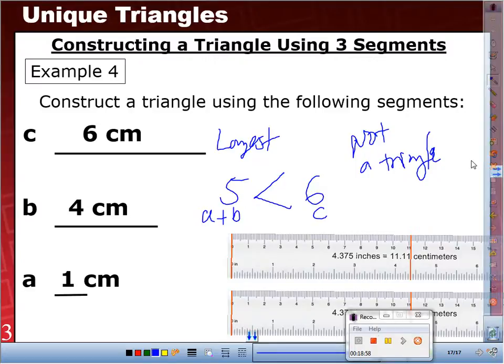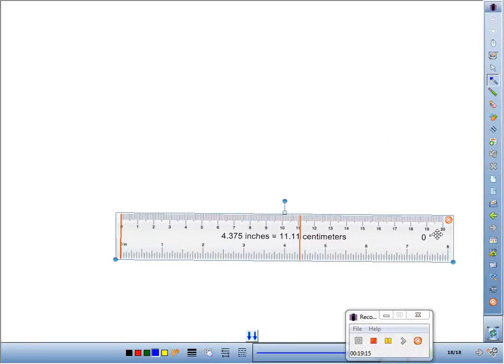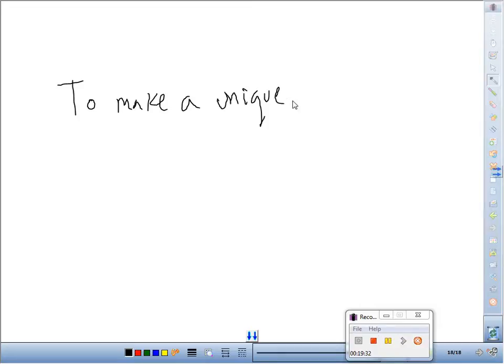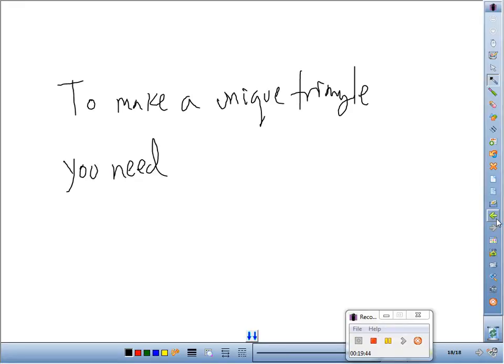So, let's see. To summarize it, I'm gonna help you get started. Somewhere on the bottom of your paper. Here we go. To make a unique triangle, you need, okay, let's go back and see the examples.